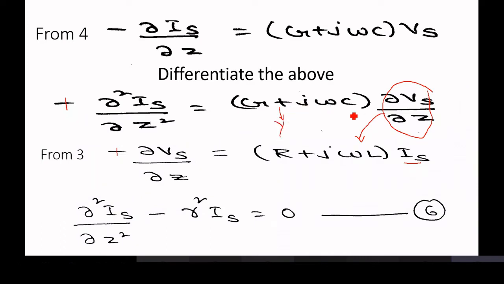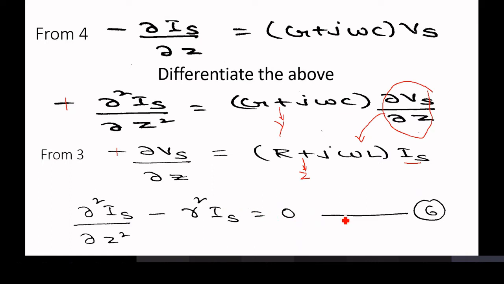Z plus j omega C is nothing but capital Y, and R plus j omega L is nothing but capital Z. We have already represented capital Y into capital Z as gamma square. So if you substitute this here and take this term to the left hand side, we get dou square Is by dou Z square minus gamma square Is is equal to 0.